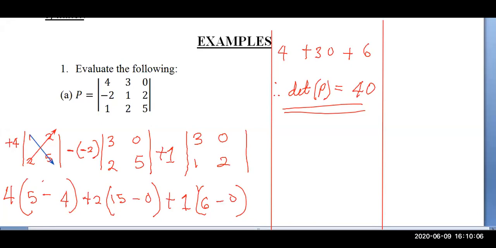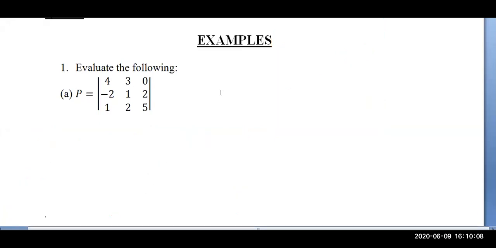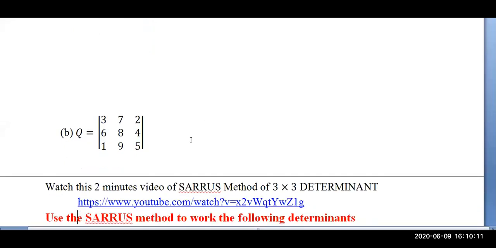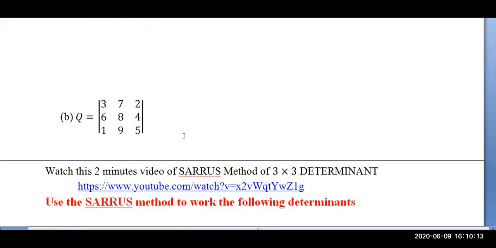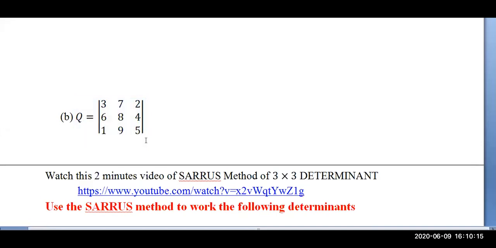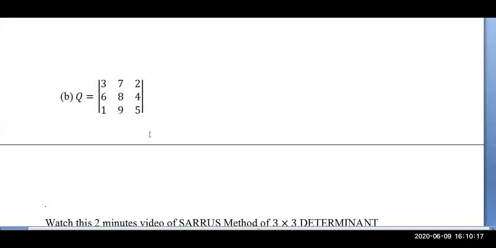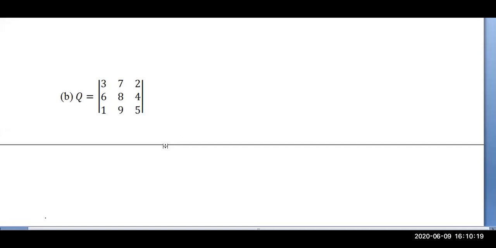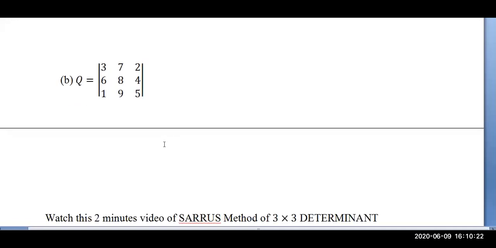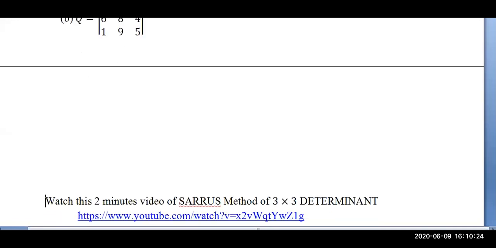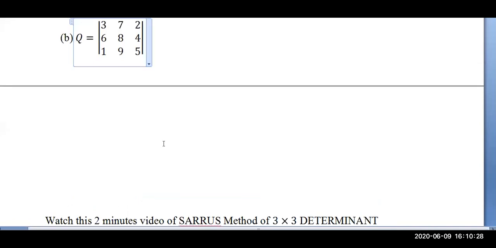Okay, so to the next question, which is this one here, Q, finding the determinant of Q. How do we do that? Now we have example 2 here to solve for the determinant of Q. Dividing my board once again.